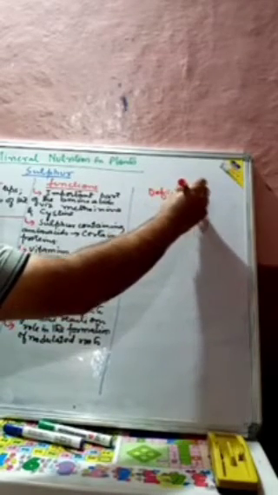Now we will see its deficiency. By knowing the functions, it becomes much easier for us to describe the various deficiencies. First and foremost, yellowing of the leaves takes place.